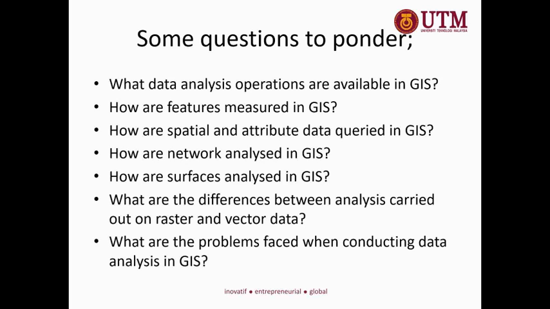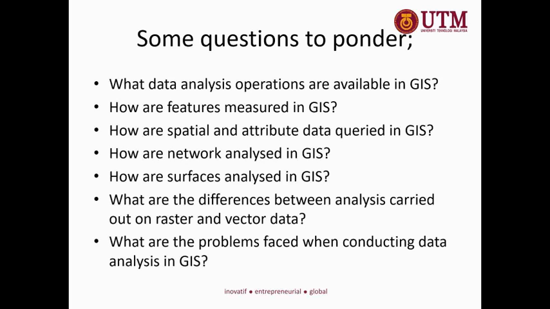How are spatial and attribute data queried in GIS? How are networks analyzed in GIS? How are surfaces analyzed in GIS? How do we show the surface area in GIS? What types of surface analysis can be done in GIS?